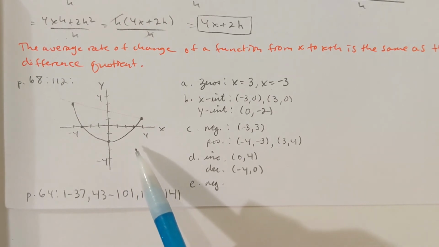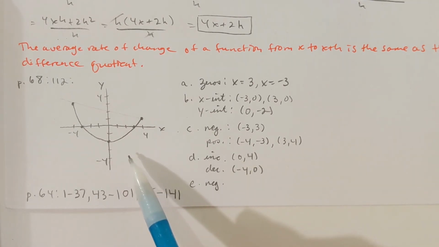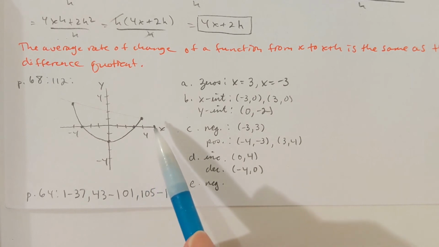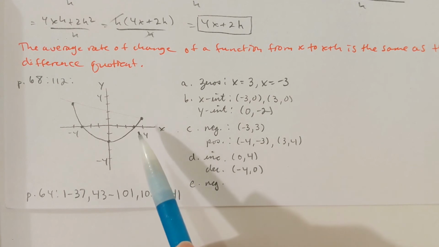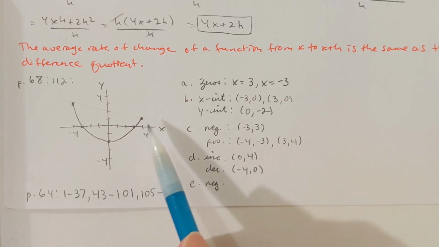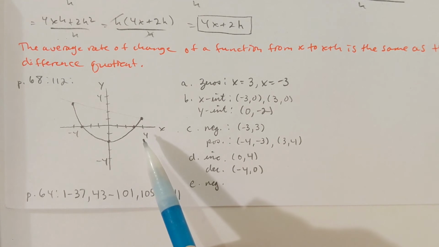Part C, identify where f is negative or positive. Well, let's see here. You're going to be negative if the curve is below the x-axis, and you're going to be positive if the curve is above the x-axis. So where's the curve above the x-axis, and where's it below the x-axis is the question.